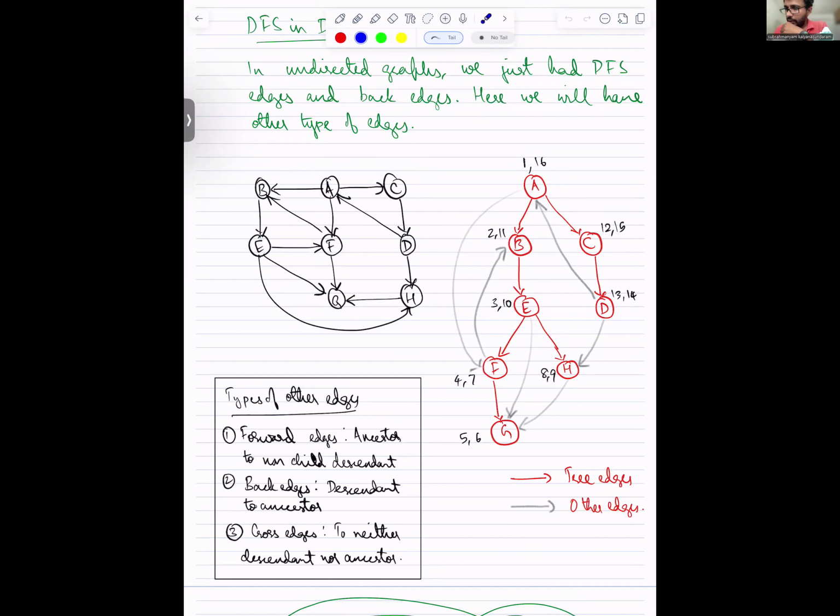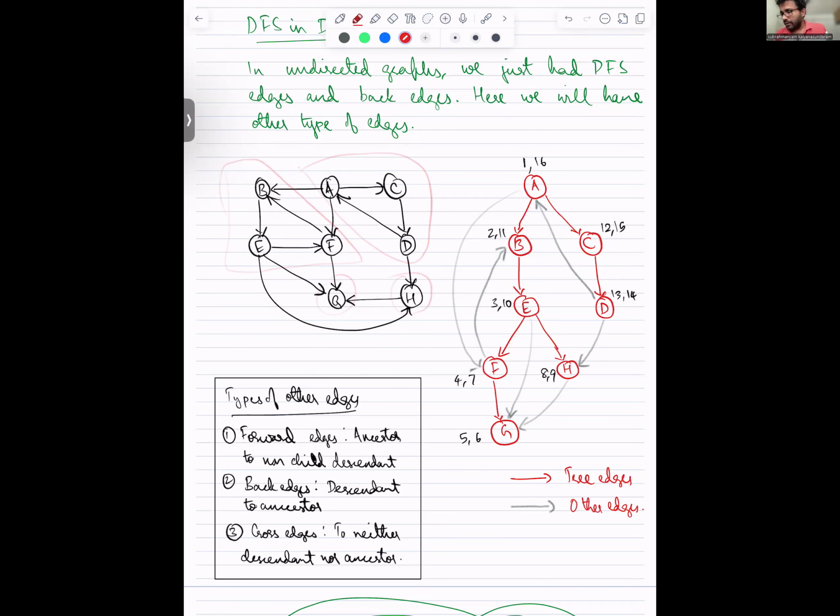No, you cannot go back to A. So BEF is one, I think. Yeah, BEF, this seems to be one. ACD seems to be another one. I think that's it, right? G and H are individual. I don't think there is anything else.